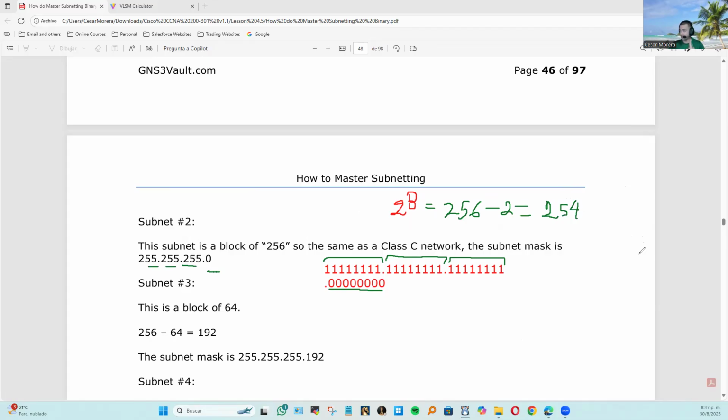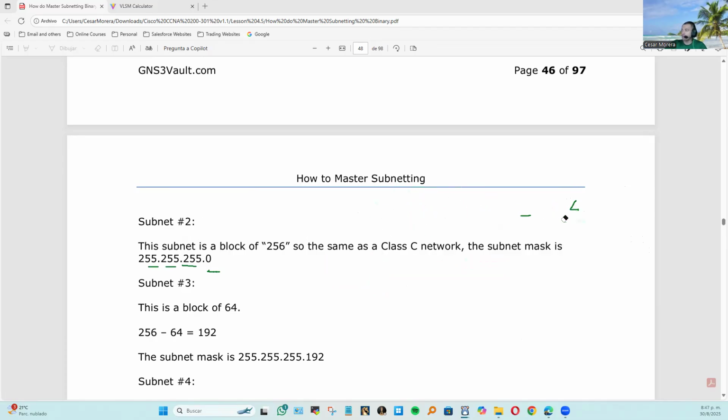But after these networks, we can finally use the magic number. And there is where the magic comes from. It's actually very easy. The magic comes now because you only have to do the following. You have to do this subtraction.